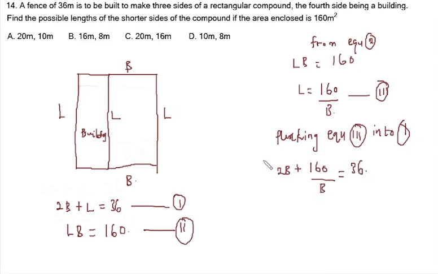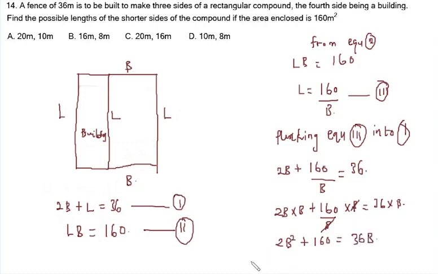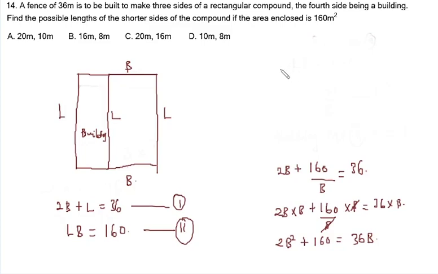Multiplying through by B, we have 2B times B plus 160 over B times B is equal to 36 times B. So we have 2B squared plus, B cancels out B, and then this 160 is equal to 36B. Let's clean up space. So we have 2B squared minus 36B plus 160 is equal to 0.